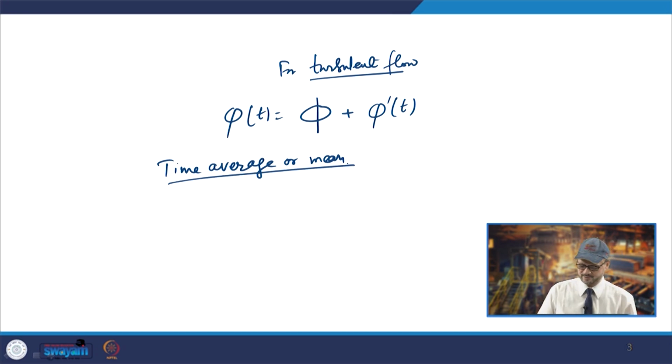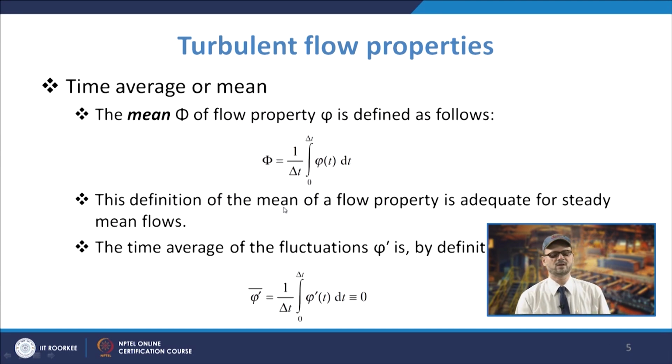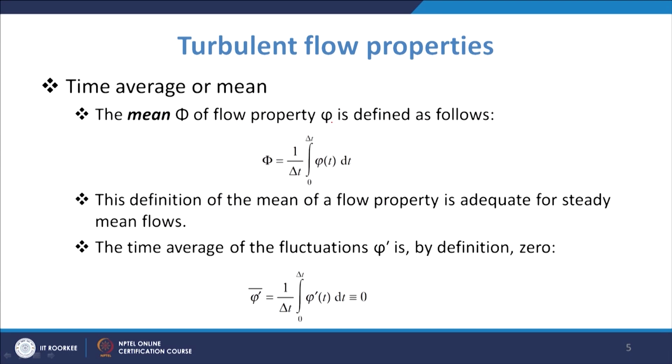So for any property phi, the mean of the flow property is defined as 1 by delta t, integral from 0 to delta t of phi dt. That way we define the mean of the flow property.